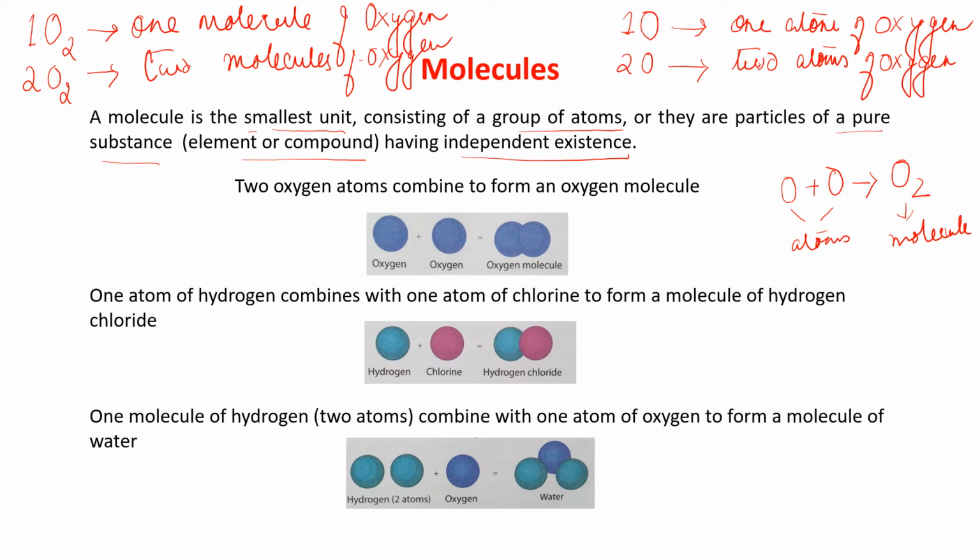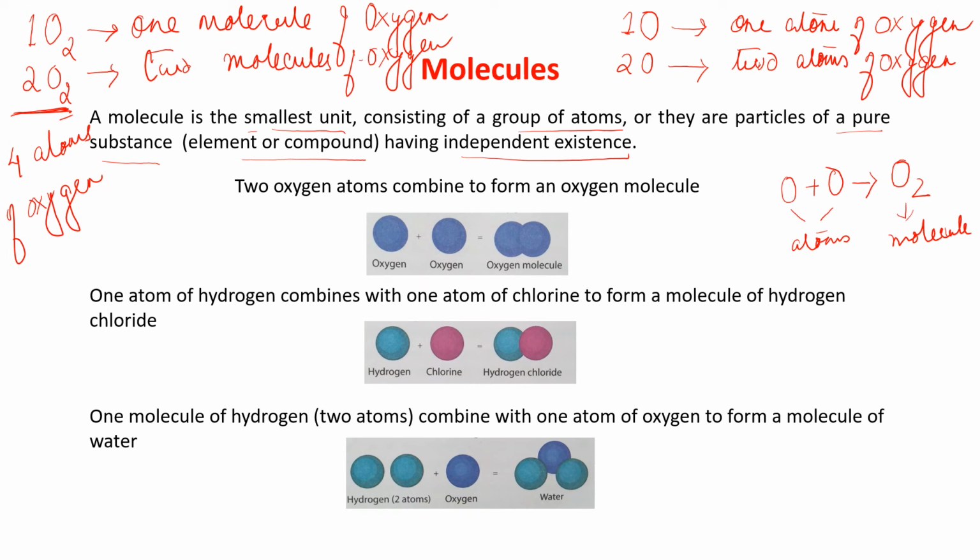Now, in this 2O2, how many atoms of oxygen are present? In 2O2, 2 twos are 4. So 4 atoms of oxygen are present in 2O2. Am I clear?